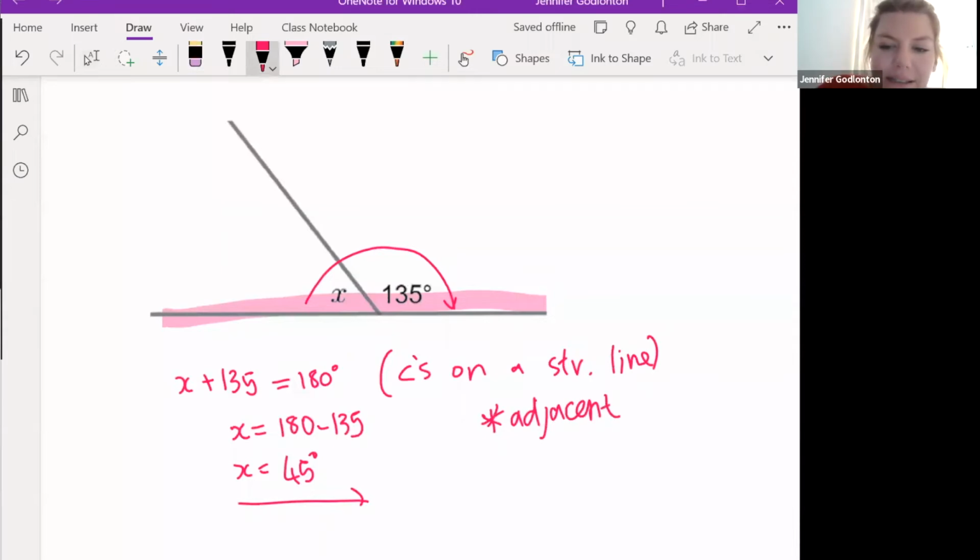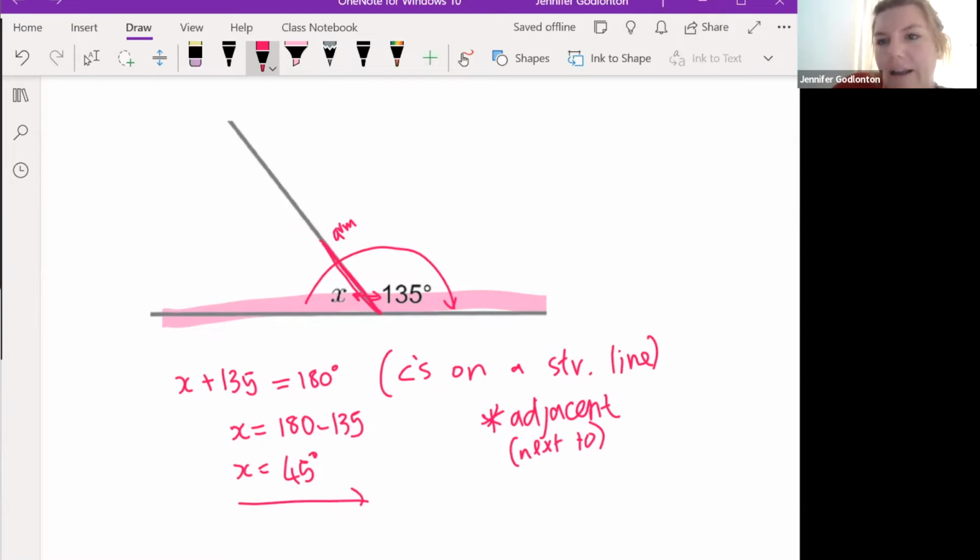Adjacent is a fancy word for next to. We are only allowed to use this rule, angles on a straight line, if our angles are next to each other. If they are adjacent, they have to be sharing an arm. That's called an arm. They have to share that arm, right next to each other, if we want to use this rule.